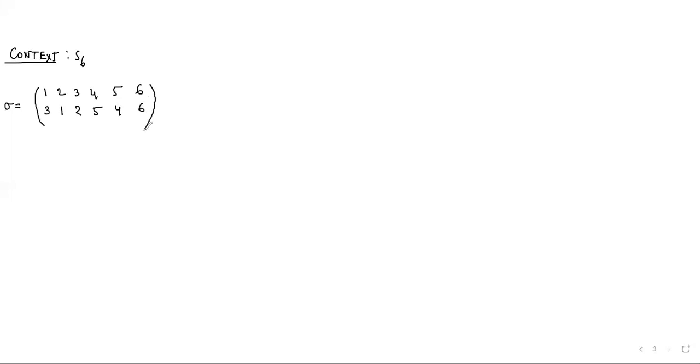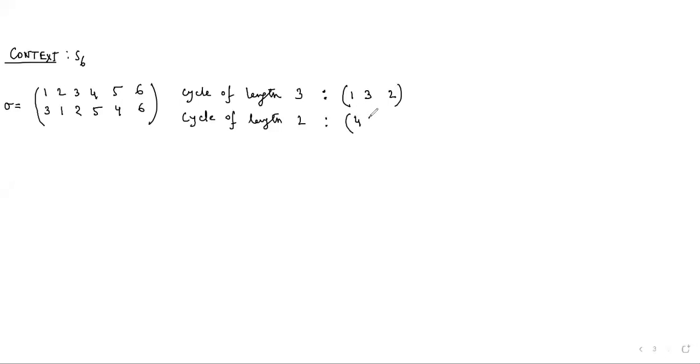Now you carefully observe that we have got different cycles from here. I am considering the cycle of length 3 and the cycle of length 2. The cycle of length 3 here is (1 3 2), as you can see very well, and the cycle of length 2 here is (4 5).